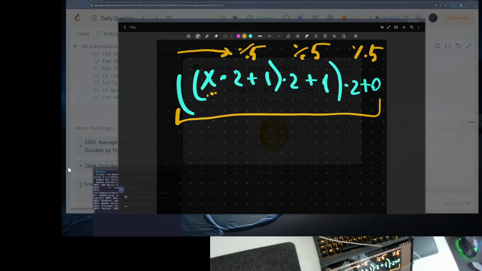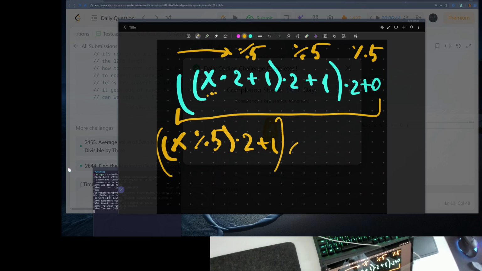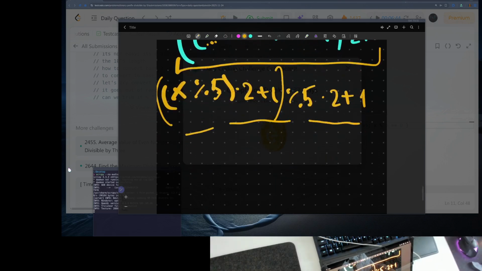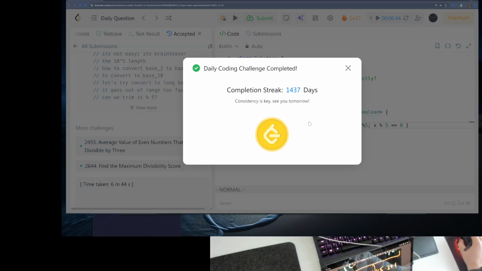That means we can rewrite it like this: x modulo 5 times 2 plus 1, then again modulo 5 times 2 plus 1, and so on. And that gives us only a range of 0 up to 5. So this is a solution.